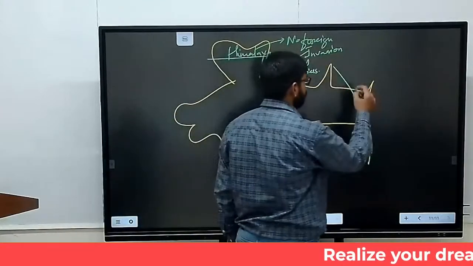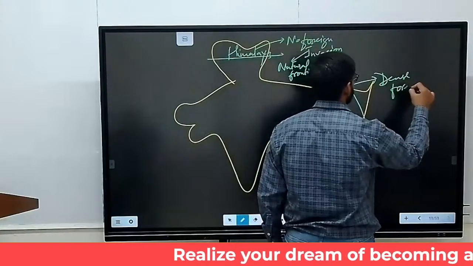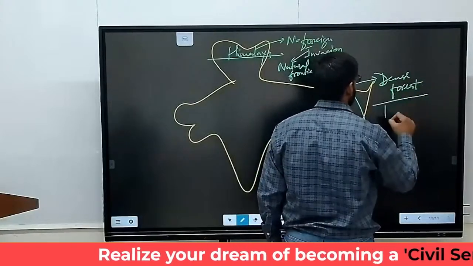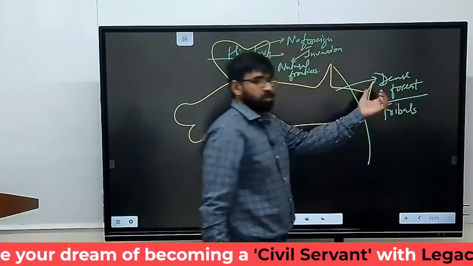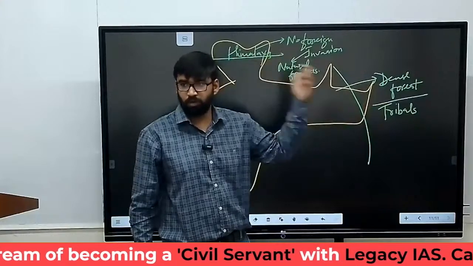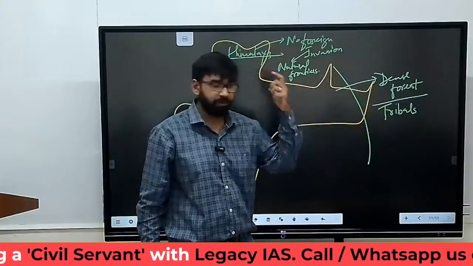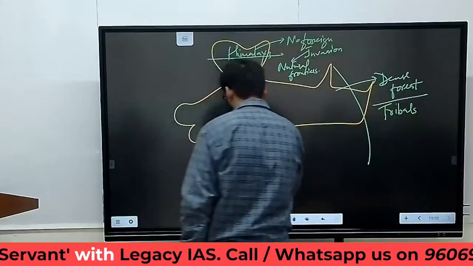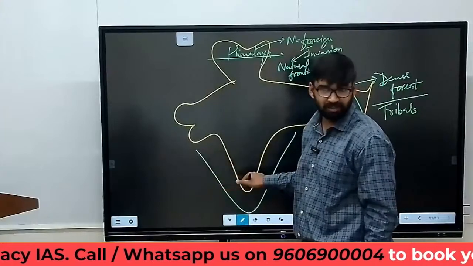Now, this northeast area, dense forest and tribals. So foreign invasion is also not possible from here because of dense forest and tribal population. Getting my point? Foreign invasion is not possible from this side because of ocean and seas. Clear?